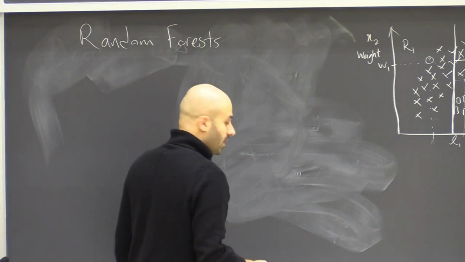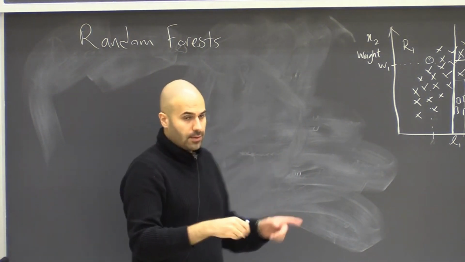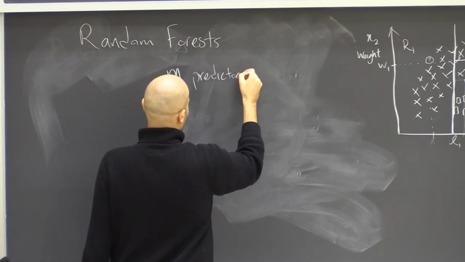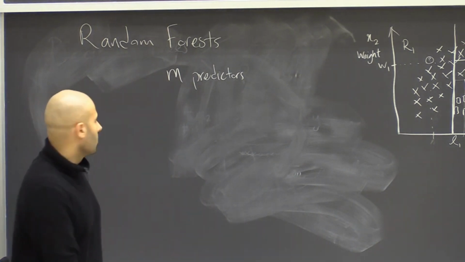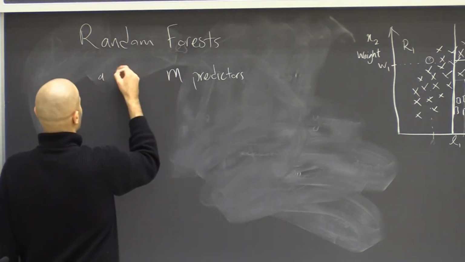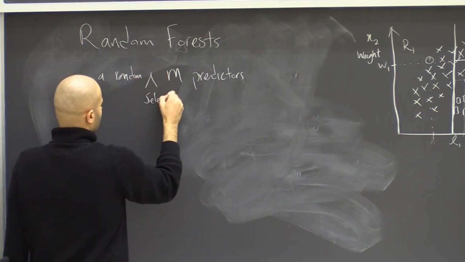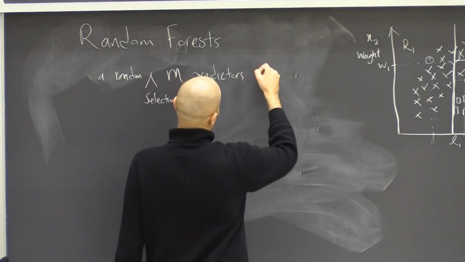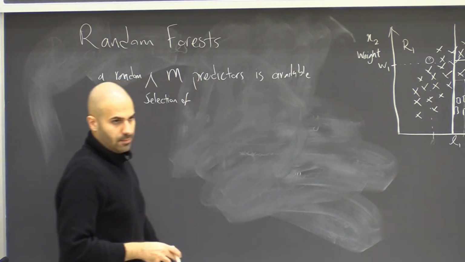So when we are growing a tree on a bootstrap sample, instead of P predictors to choose from for a split, we make only M predictors available. This is some random selection out of the P predictors. A random selection of M predictors is available for the trees.